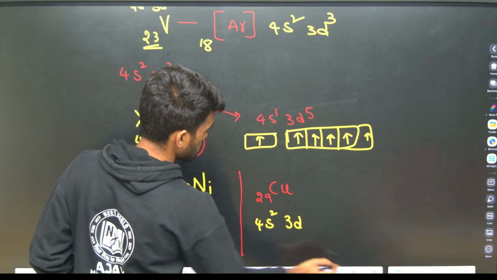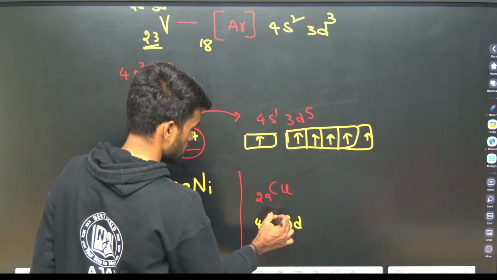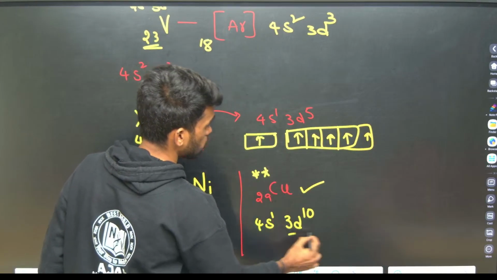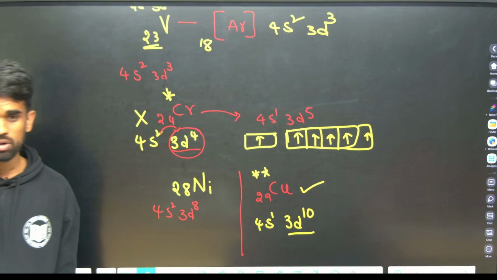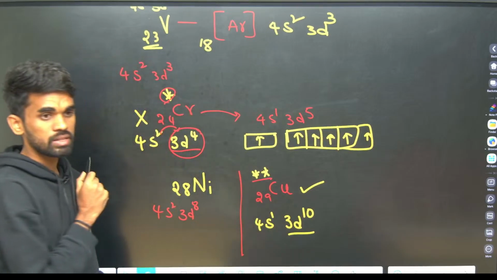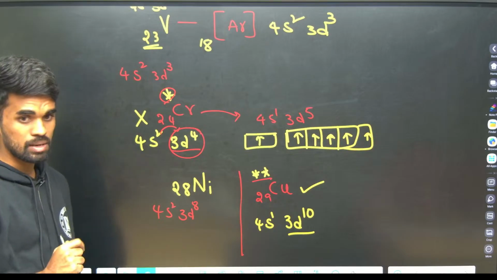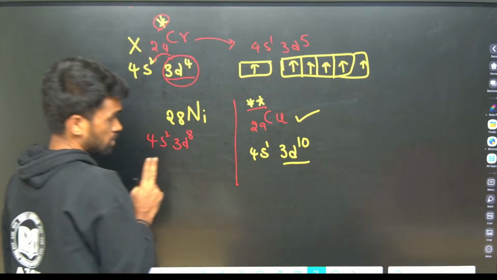If we do it in this way, 4s1 3d10, this is perfect, again due to the fully filled electronic configuration of d orbitals. Okay, so these are the two things you should remember in the case of 3d series elements. Is this clear?